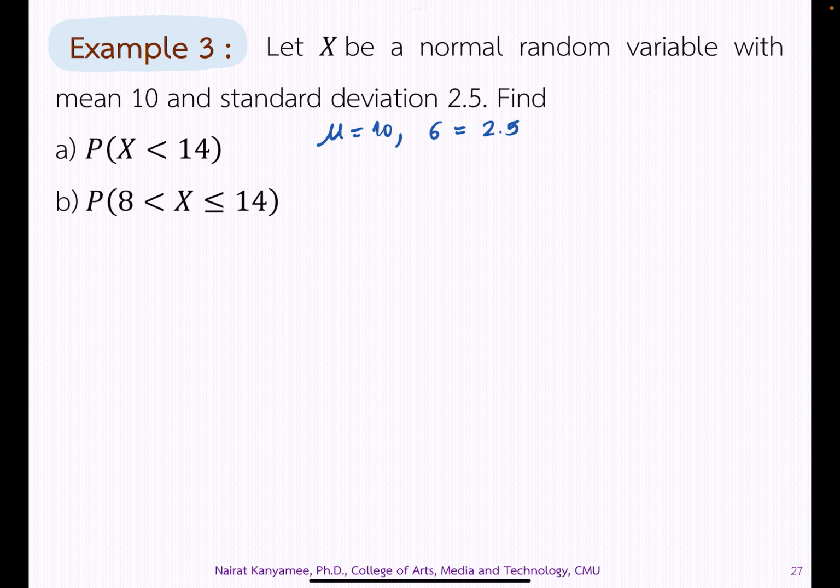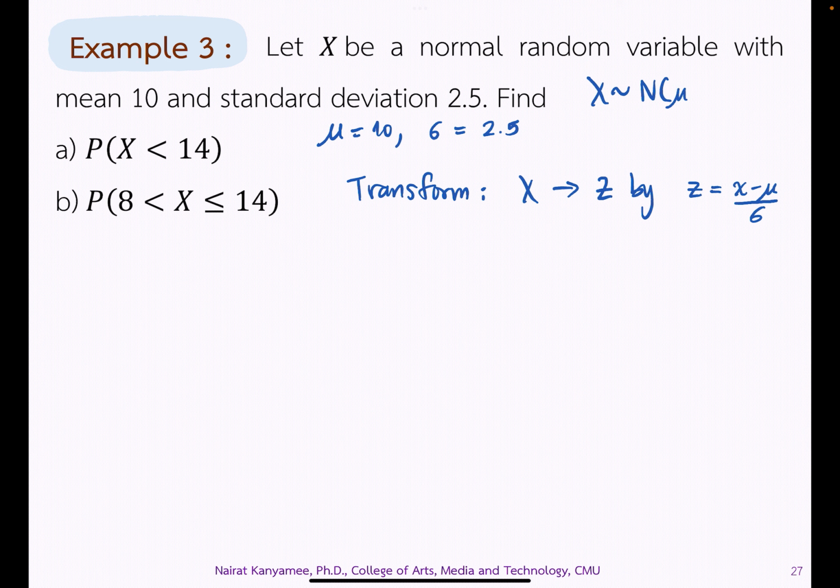So in this case, we need to transform X to Z by using the formula: little z is X minus mu over sigma. X follows a normal distribution with mean 10 and sigma 2.5. Write it down like this so you know whether it is sigma or a variance.